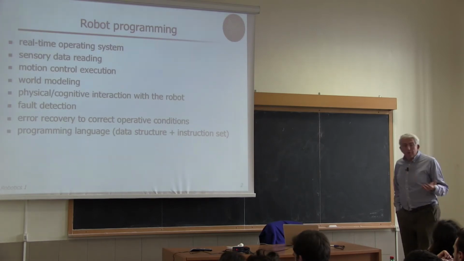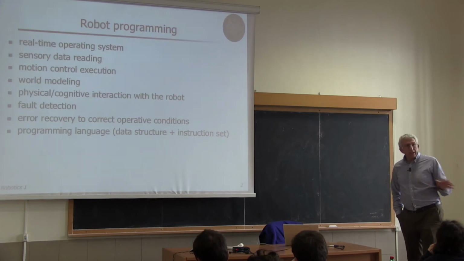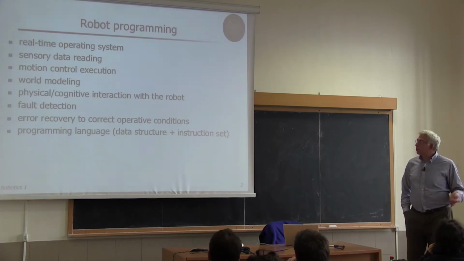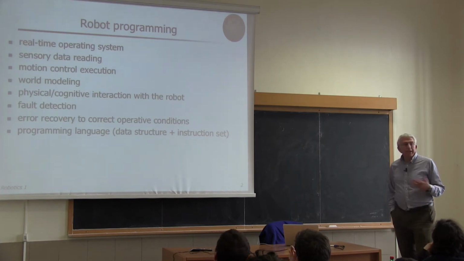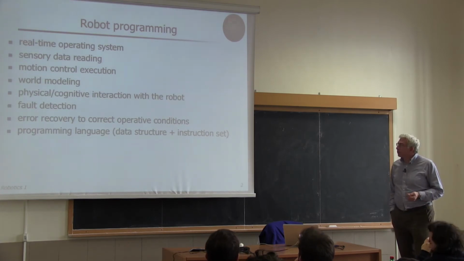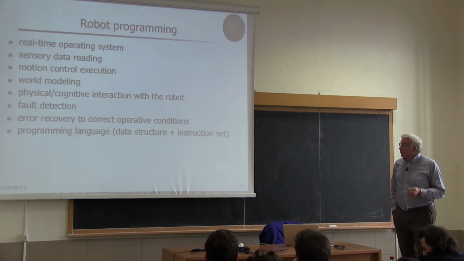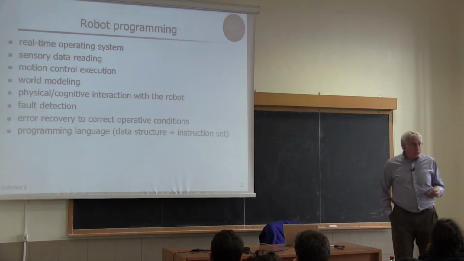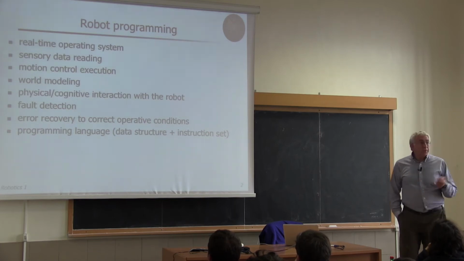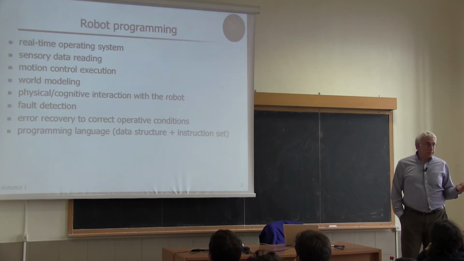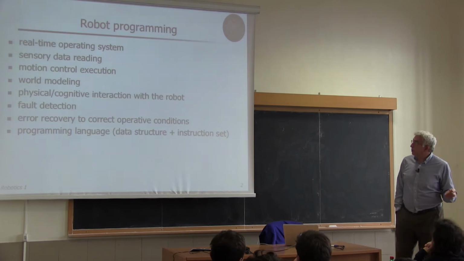You can also do offline programming, but this is a different story. For simulation purposes, you do a lot of offline programming, but for execution the real-time constraints are very important, because if you're doing sensor-based motion control, then you have to read sensors in real time and process this information in real time.